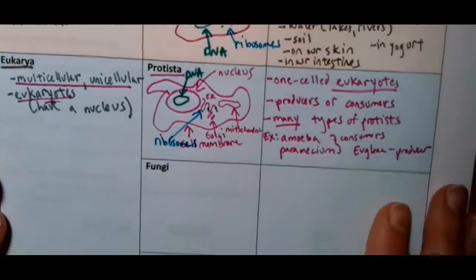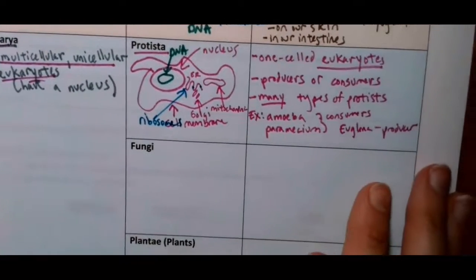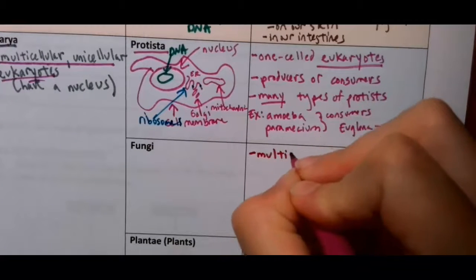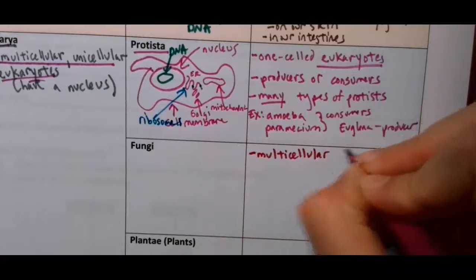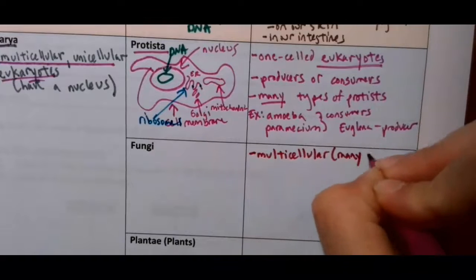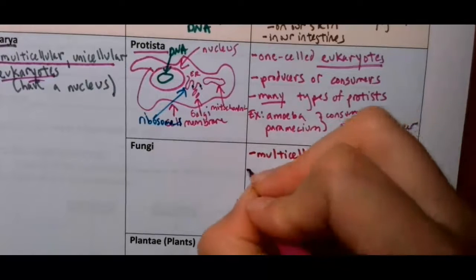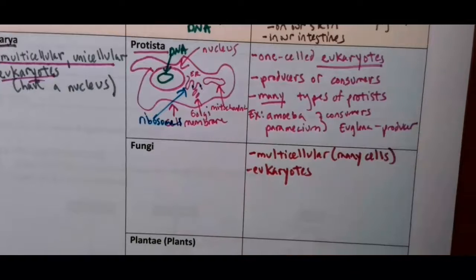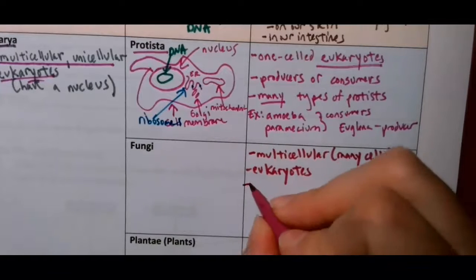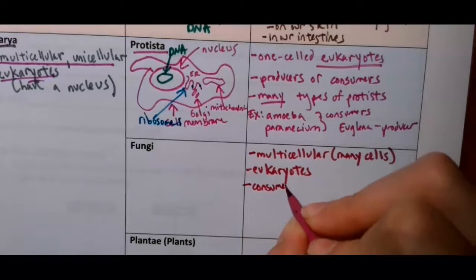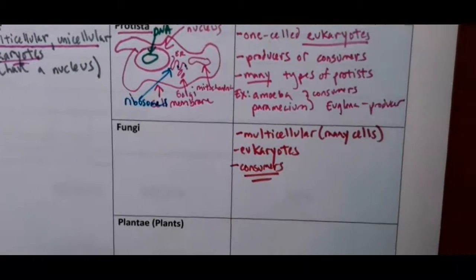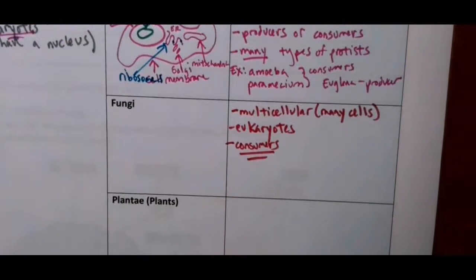Okay, so fungi are next. Fungi are multicellular, meaning they have many cells. They're eukaryotes, meaning their cells have nucleuses, but they are all consumers because they break down food by secreting digestive enzymes on them.